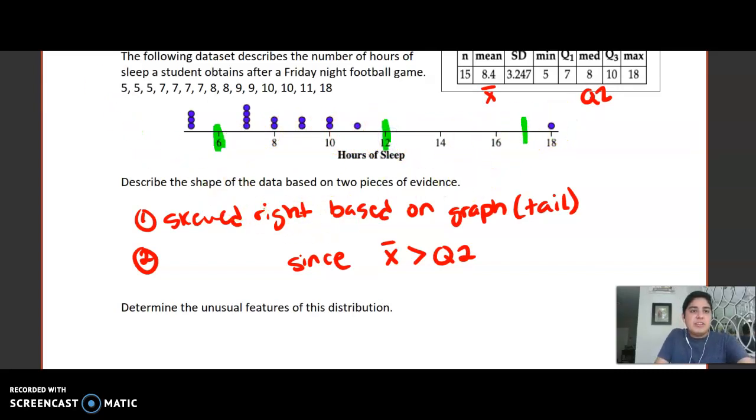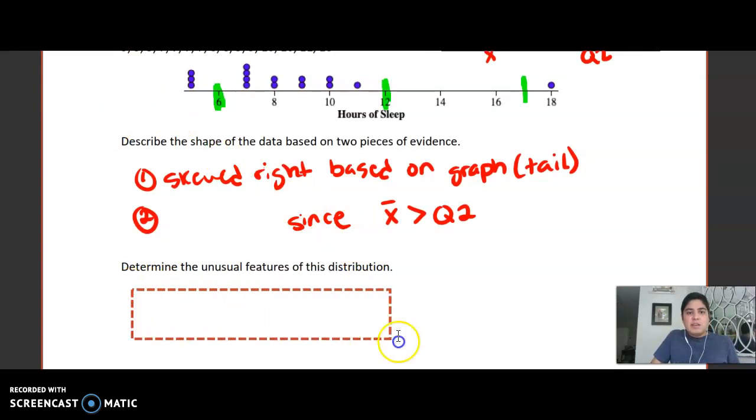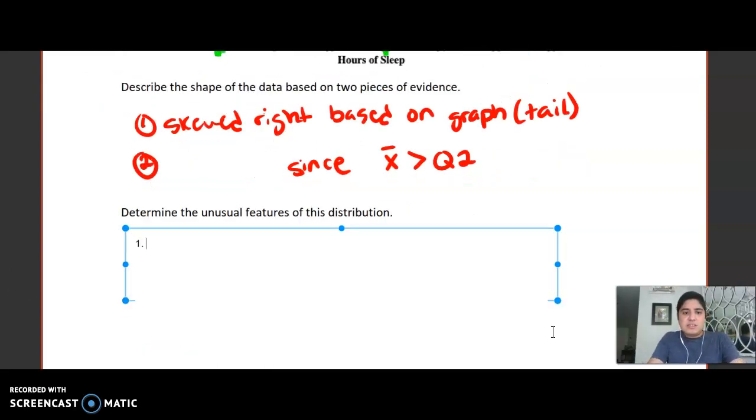So the first thing I'm going to do is I'm going to list the gap in the data, and I'm just going to write this out here. So the first thing I notice is a gap at 6 hours and between 12 and 17 hours. The other thing I notice is that there was a peak at 7 hours of sleep.